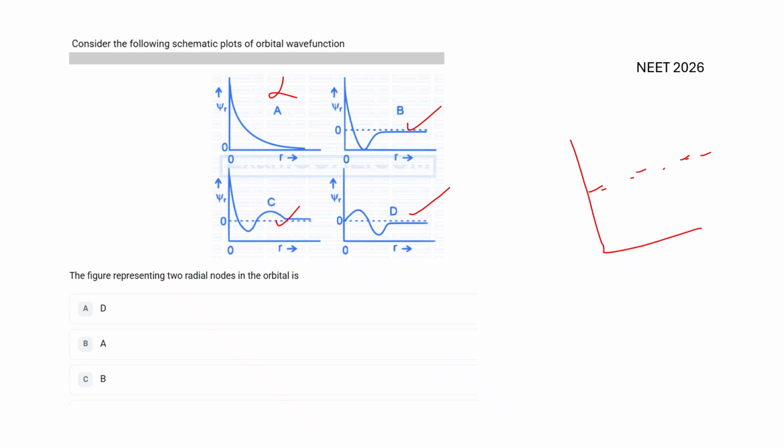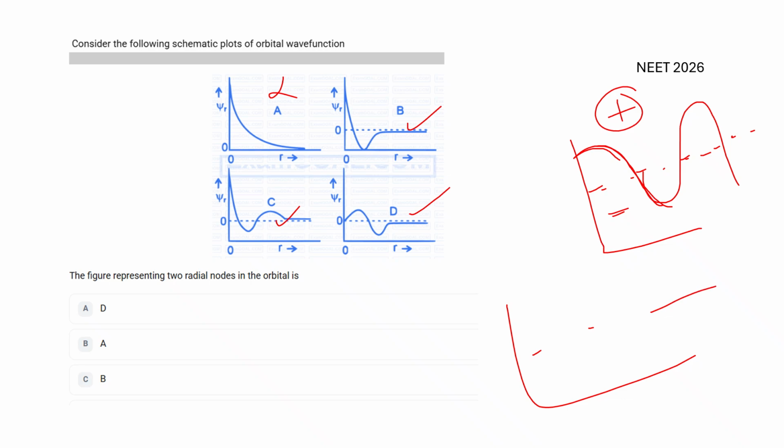Okay, the region above this virtual line has one sign. I take the sign as positive. Below this line has a negative sign. So if a graph goes from plus to minus, which means the line goes from up to down, a change in the sign happens. A node is nothing but a change in the sign.